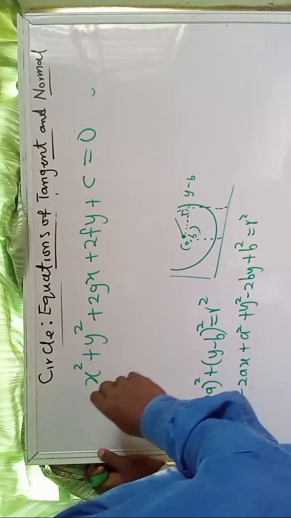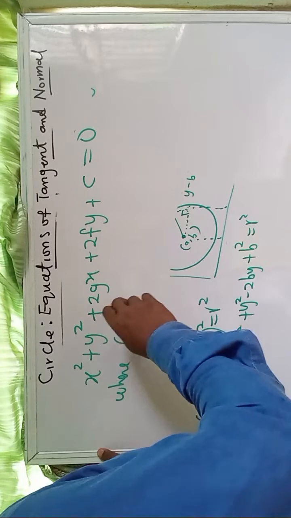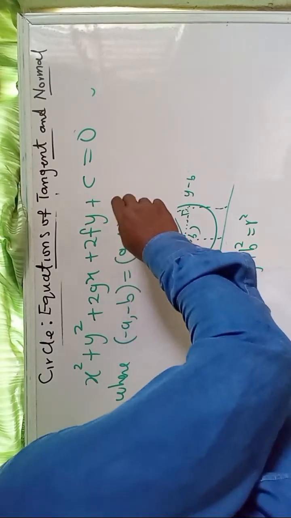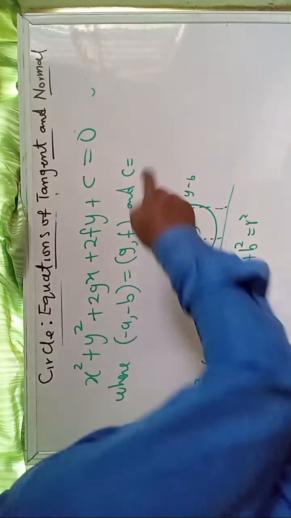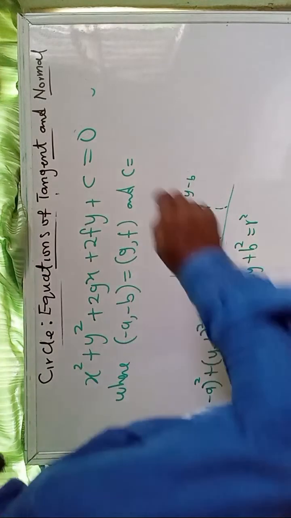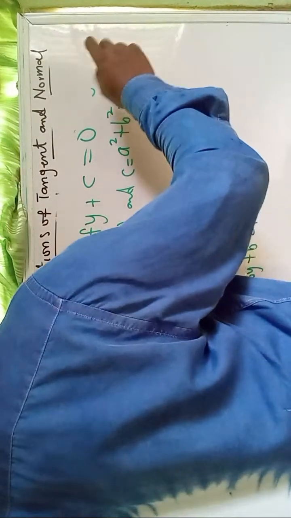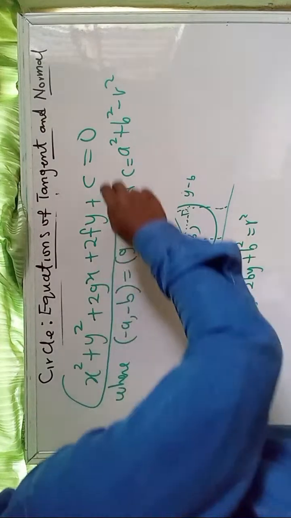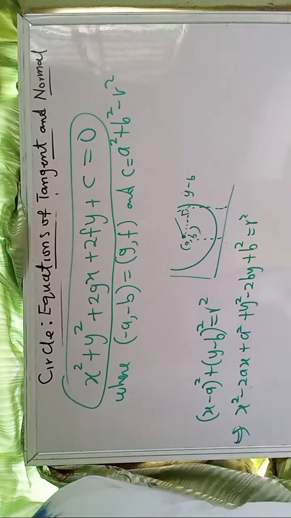Now, where the coordinate minus a comma minus b is the coordinate g comma f, and c is equal to, as we showed earlier, a squared plus b squared minus r squared. So this equation is referred to as the general equation of a circle.